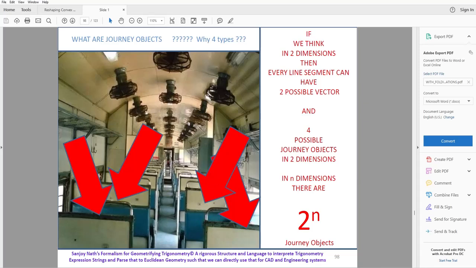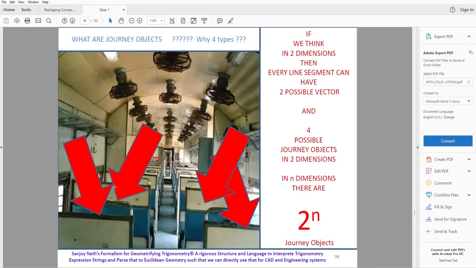Now, if turning back your neck is not allowed, then if you are sitting on this window, you will get some kind of view, and the person sitting opposite to you will get a different kind of view, because turning your neck is not allowed. So on the left hand side, only things coming in front are visible from one seat, and whichever things went back will be visible from the other seat.